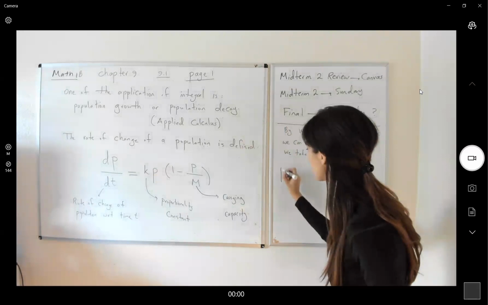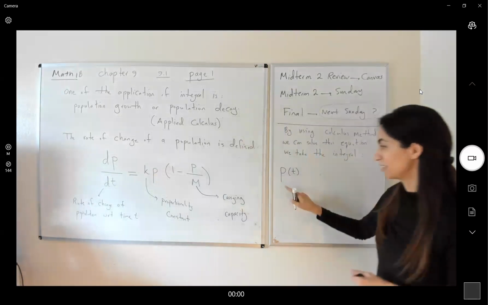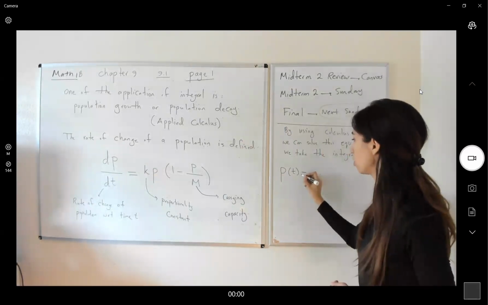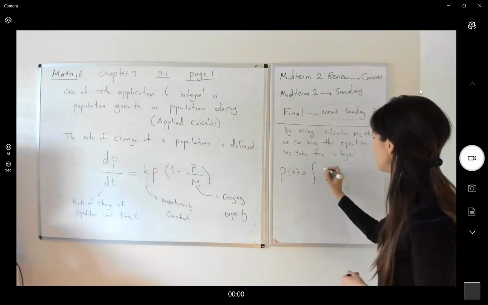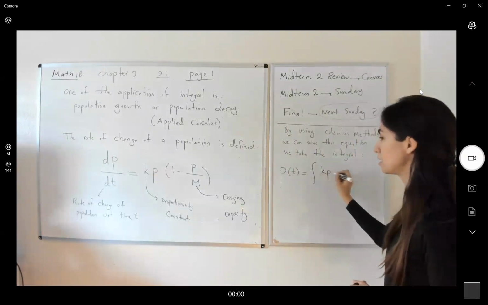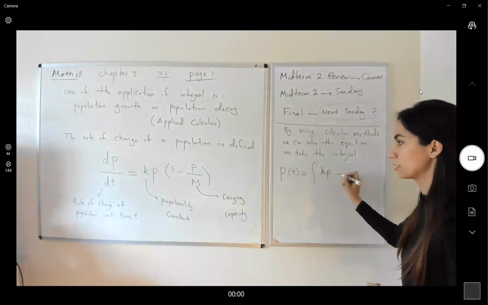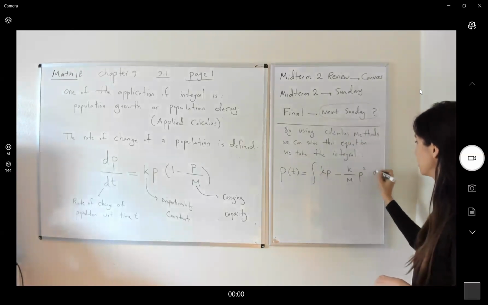So on the left-hand side, you have P of t, the population with respect to time. This is equal to the integral of kP minus, distributing, k over M P squared dt.